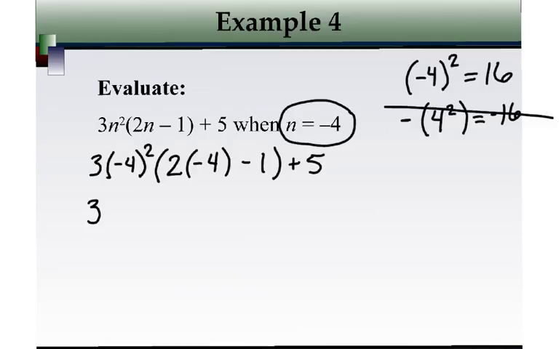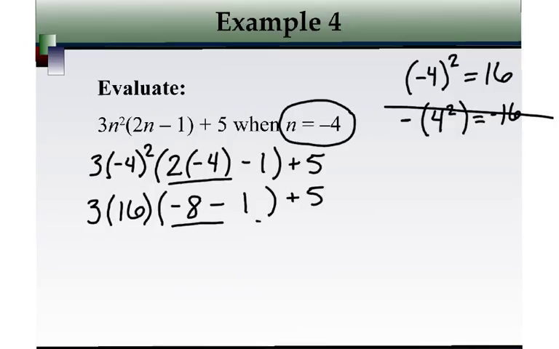I'm going to go ahead and evaluate that negative 4 squared, and that is going to give us a positive 16, like we already found. And then in this set of parentheses, what we can do is this multiplication that's right here. We could go ahead and say 3 times 16, but let's go ahead and put together the negative 8 and the 1, negative 9.